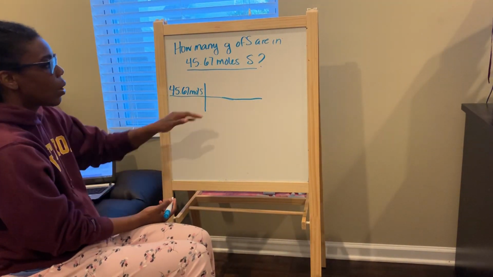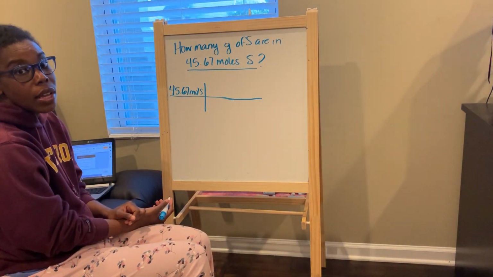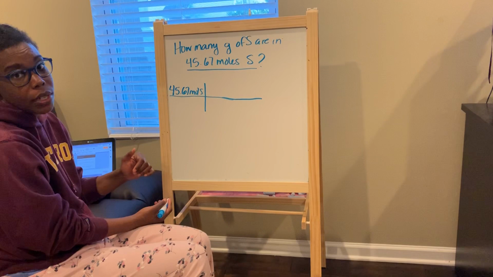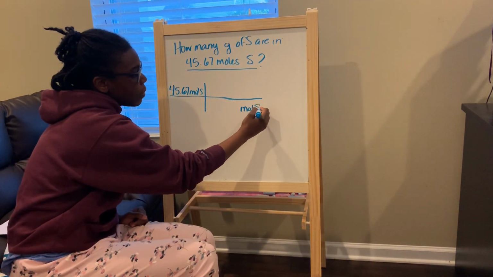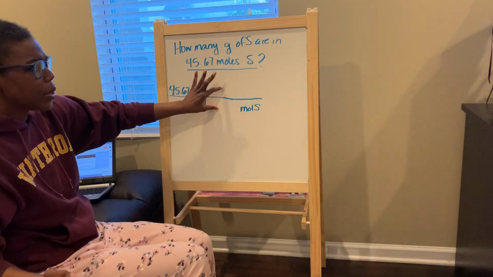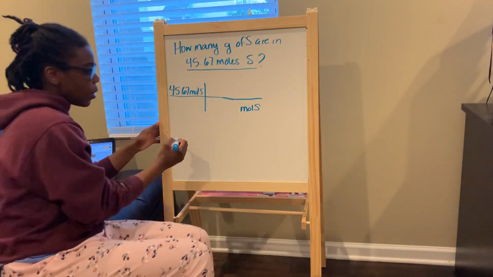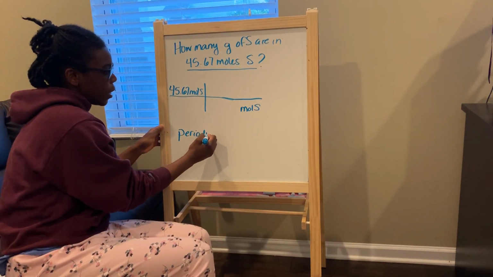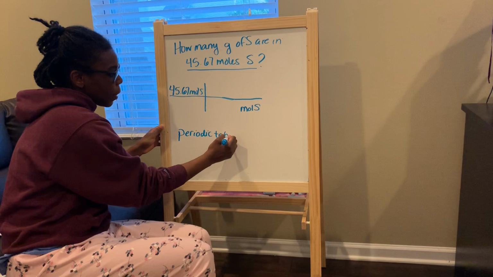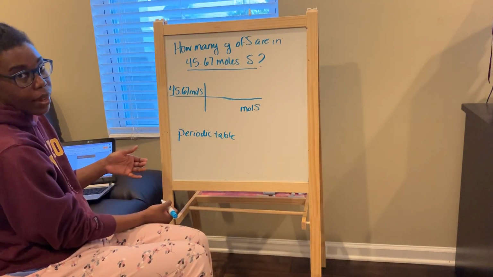Now, to figure out what goes on the T-chart, I know that if I'm starting with moles of sulfur, that ultimately has to go down on the bottom of my conversion factor. So how do we know what goes in the conversion factor? Well, it comes from the periodic table. The periodic table tells us the weight of 1 mole of anything.